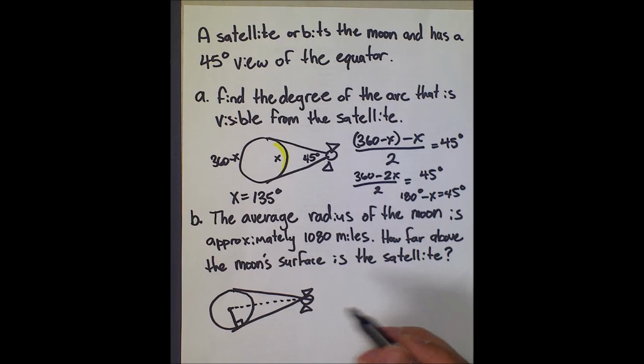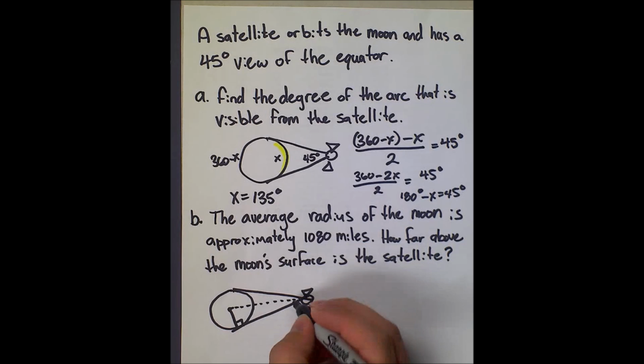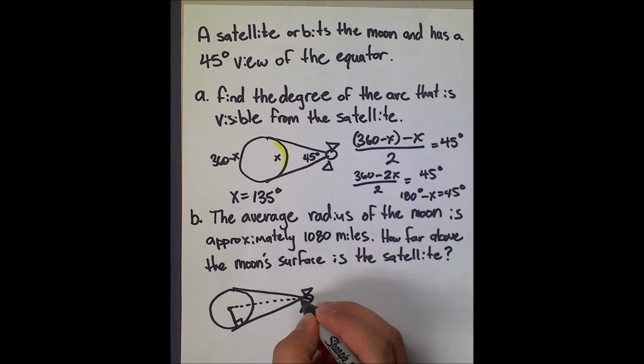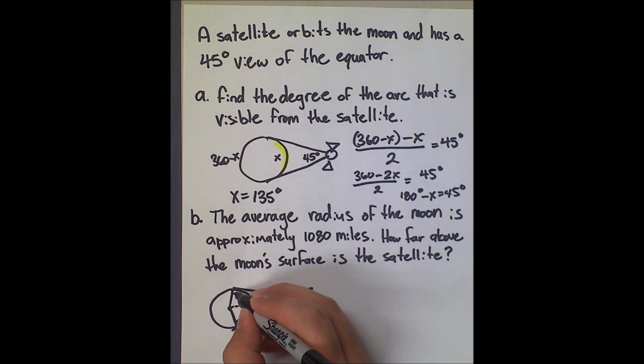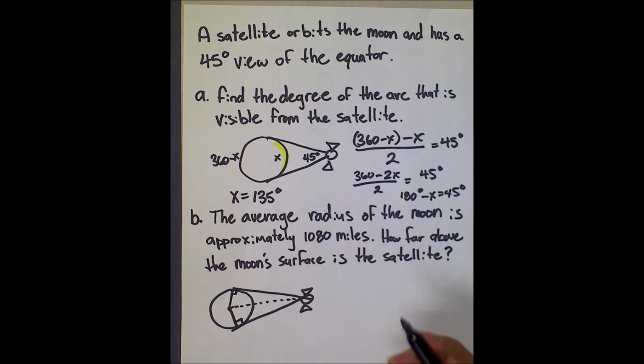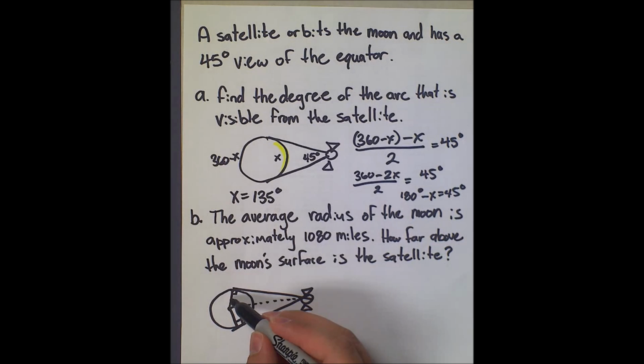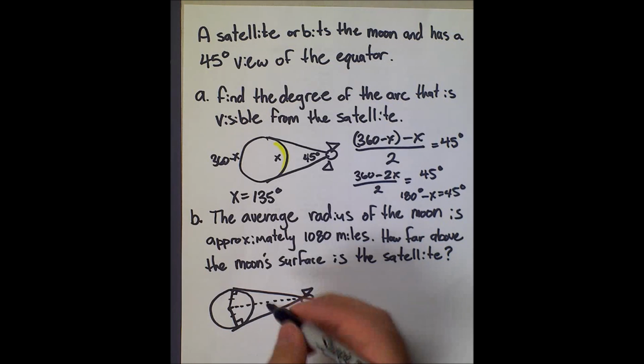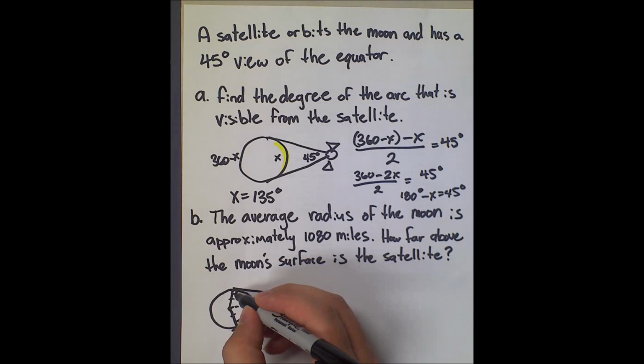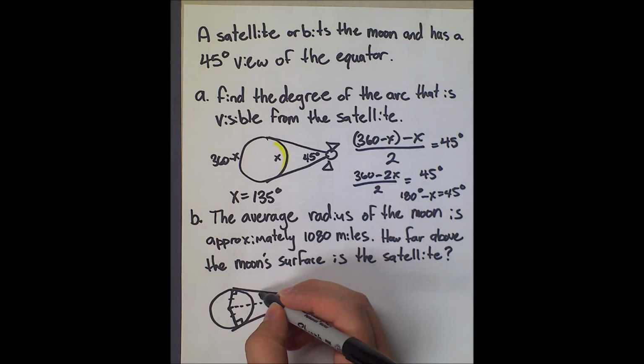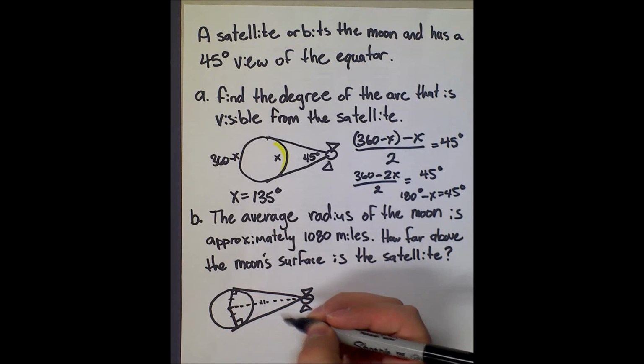And something interesting about this is this line that I've just drawn actually creates two congruent triangles. It's easy enough to show that this side and this side are congruent because they're the radius of the same circle. It's a right triangle, and then this is also congruent to itself by the reflexive property.